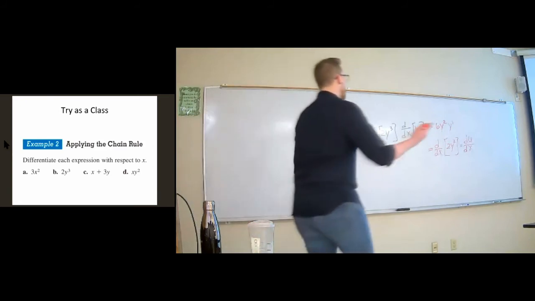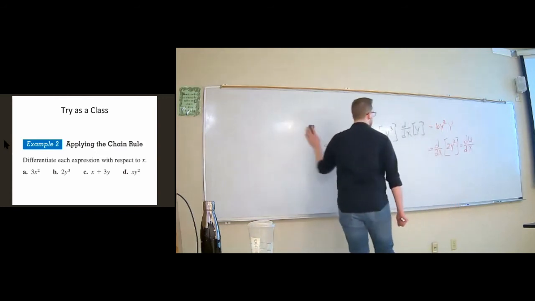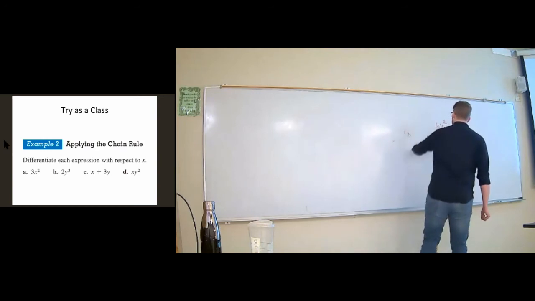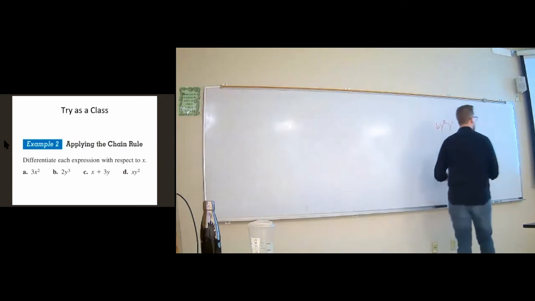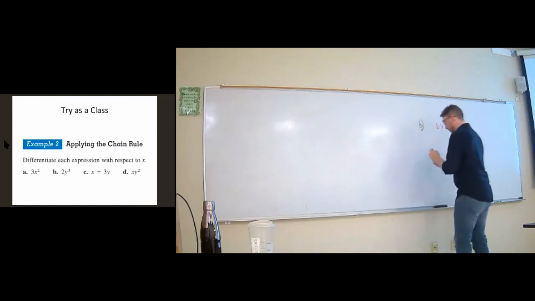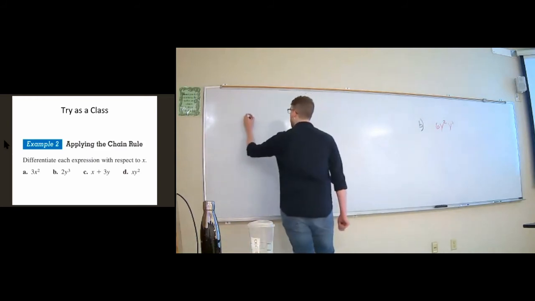Okay, so what about C now? This was B. For C, we're going to say that u is equal to x plus 3y.